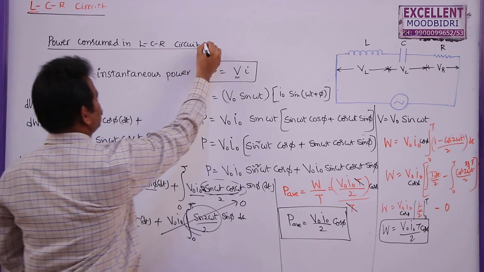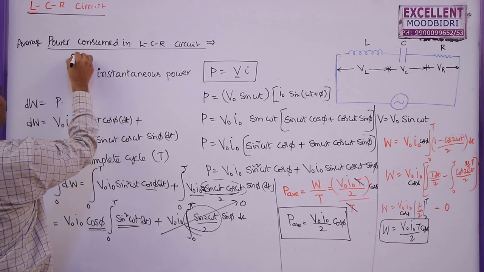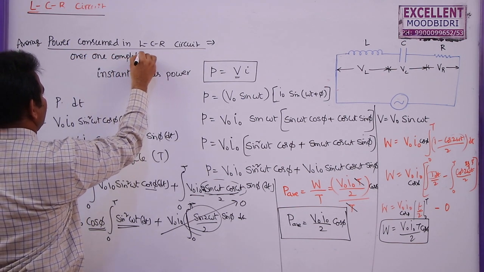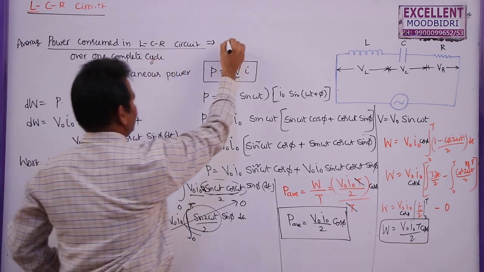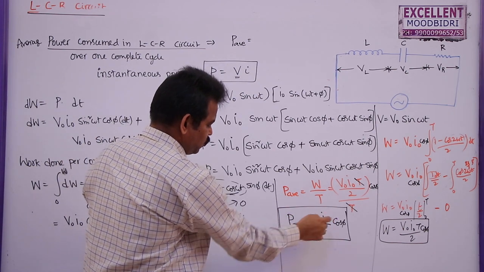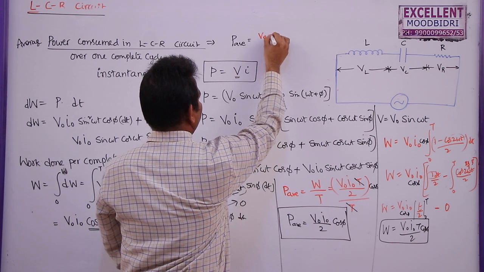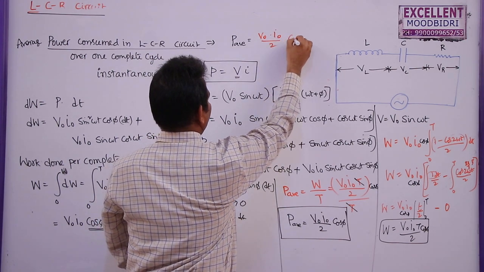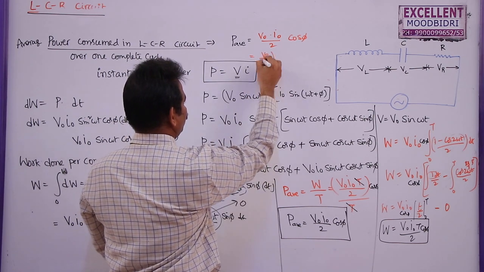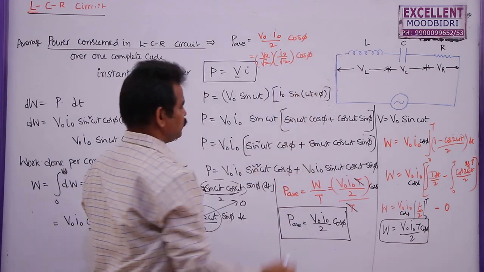So power consumed in an LCR circuit, the average power consumed over one complete cycle, is given by P average equal to V naught by 2 times I naught by 2 cos phi. I am going to write V naught into I naught by 2 cos phi. So this can be written as V naught by root 2 into I naught by root 2 into cos phi.